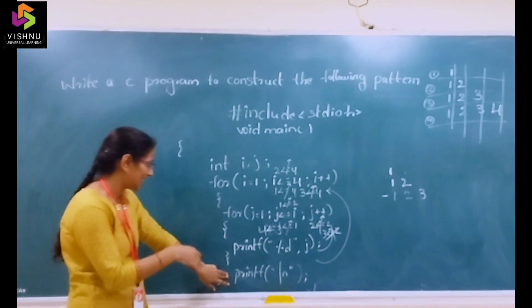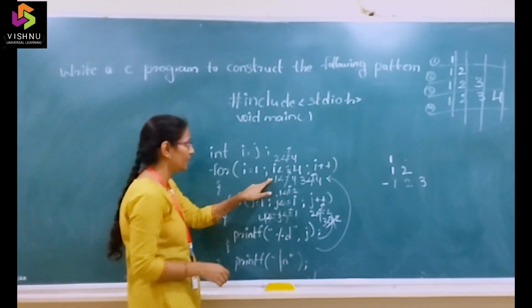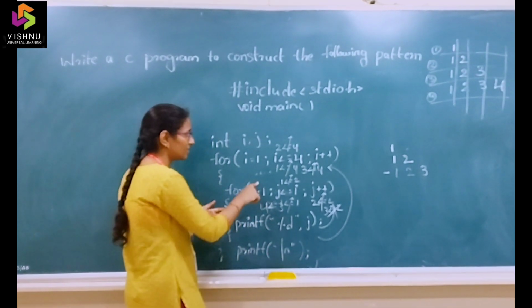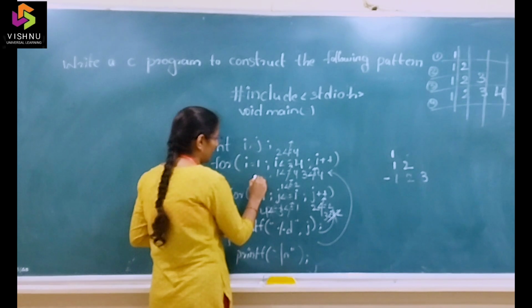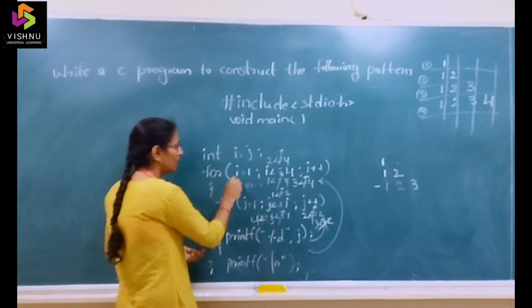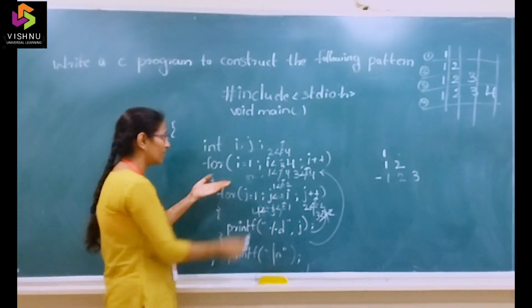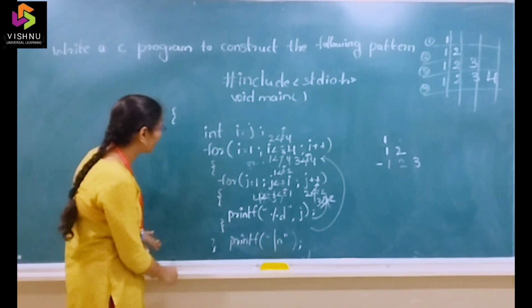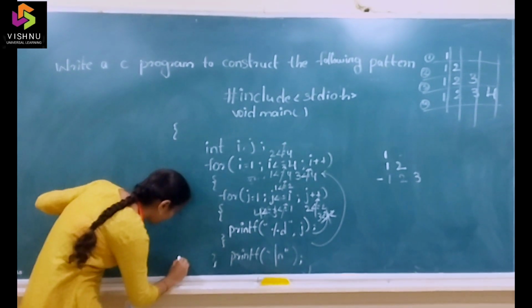It goes to the next line. i value becomes 4. 4 less than or equals to 4. It checks the conditions until the i value becomes 5, because it fails for i equals 5, right? So it stops execution. I'm going to close the main.